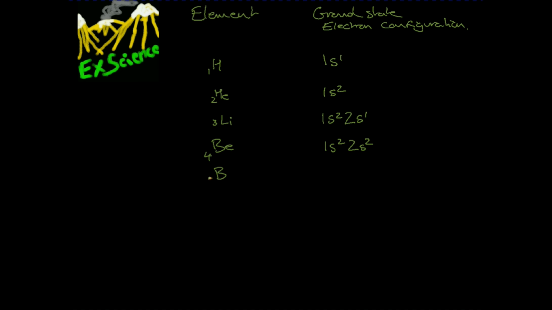Boron, 1s2, 2s2, 2p1. And I can go on and on. Let's put in another example. Let's say iron, 26.